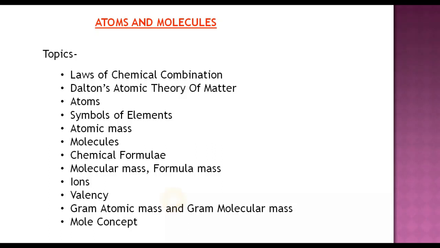In the previous chapters, we have learned about matter. As you know, matter is anything that occupies space and has mass, right? So we know that all the matter is made up of small particles called atoms and molecules, right?